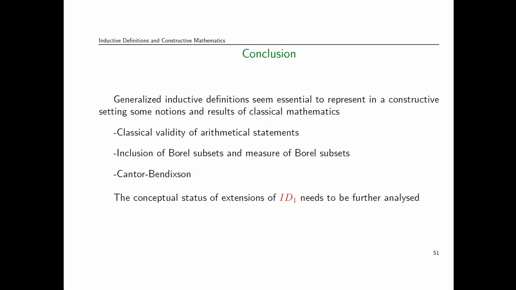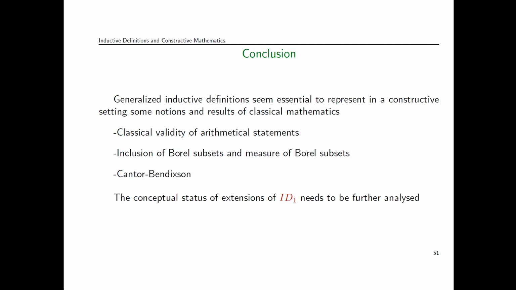If we want to understand what classical mathematicians mean by the validity of an arithmetical statement, we need a generalized inductive definition. If we want to understand the inclusion of Borel subsets, what classical mathematicians mean when they say that one Borel subset is a subset of the other, we also need a generalized inductive definition.